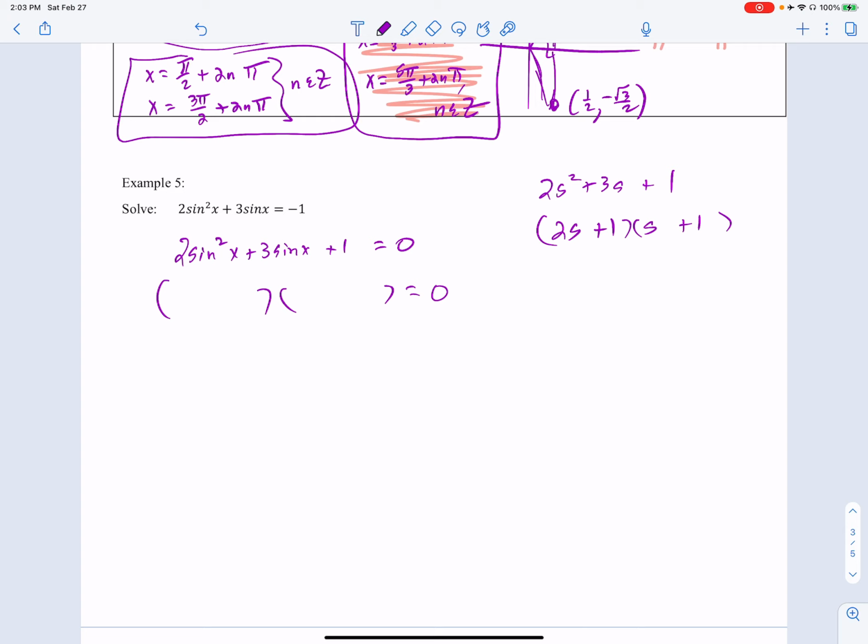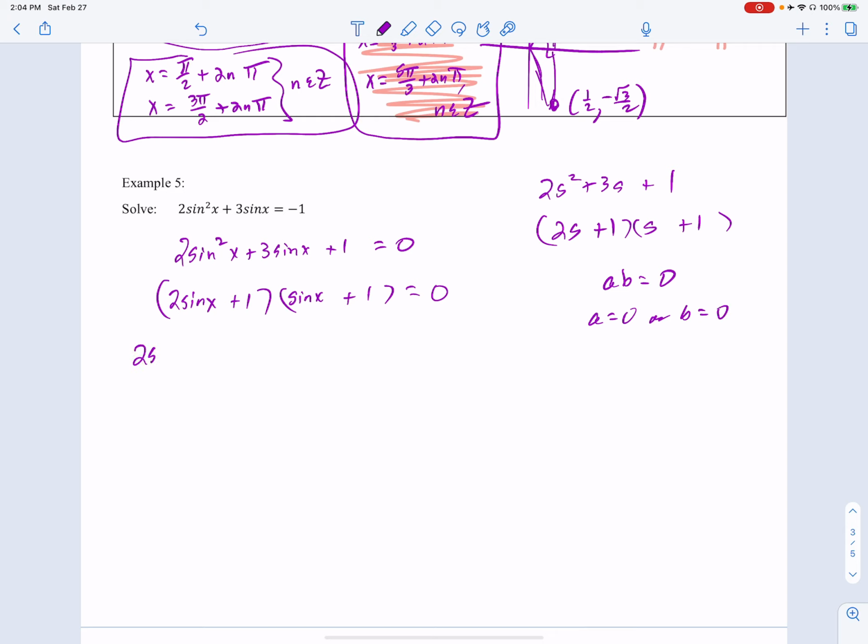So the s is sine, so this is going to factor 2 sine x, this is going to be sine x. And to get a positive 1 at the end and a positive middle term, they're both plus 1. And then we have the zero product principle. We have two things being multiplied to be 0. Either a is 0 or b is 0.